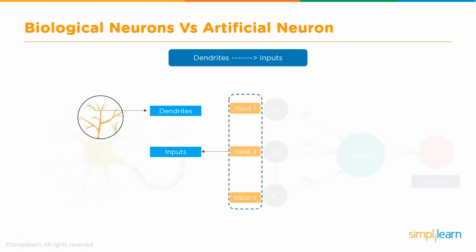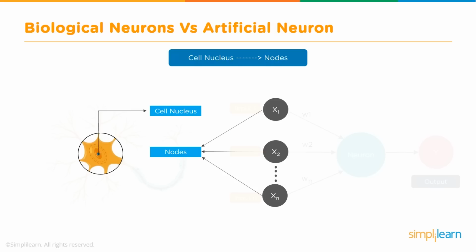This is how a biological neuron looks. It has dendrites, and the corresponding component in an artificial neuron is the inputs. They receive the inputs through dendrites. And then there is the cell nucleus, which is basically the processing unit in a way.